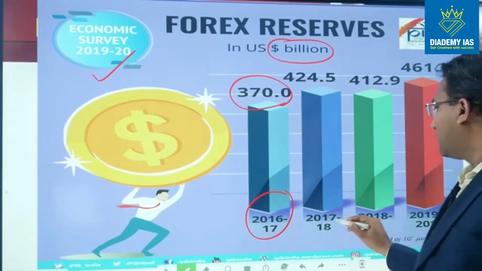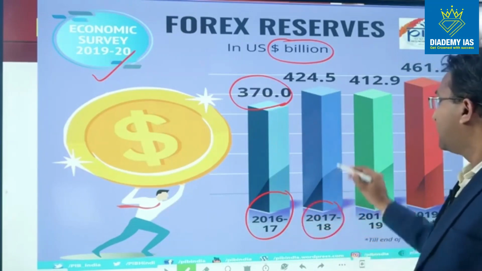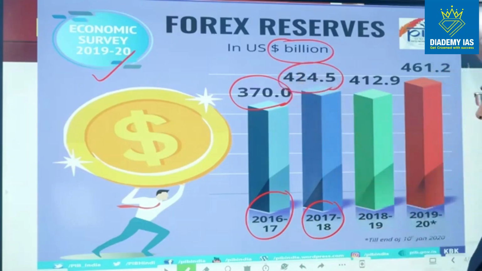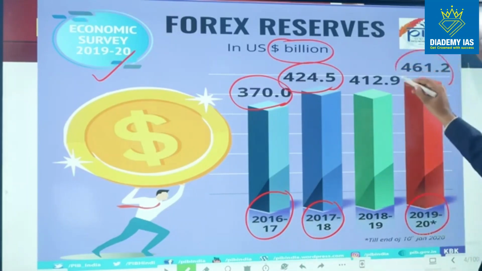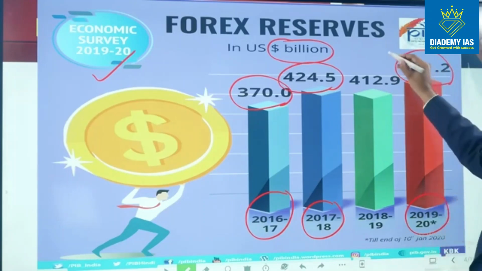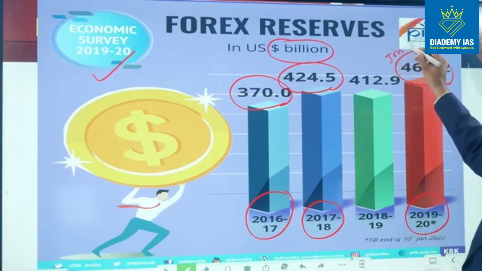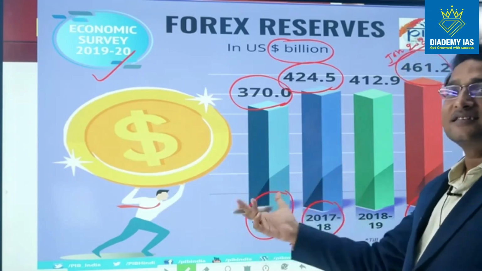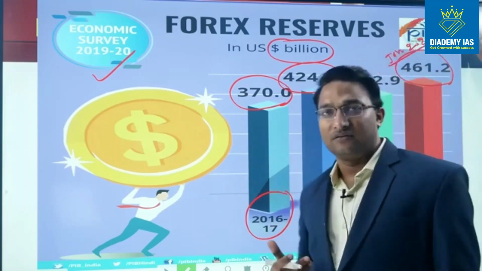After that in 2017-18 it increased to 424 US dollar billion, and in 2019-20 it increased to 461.2 billion, and this is as on January 2020. So we can see there has been a consistent increase in the foreign exchange reserve.